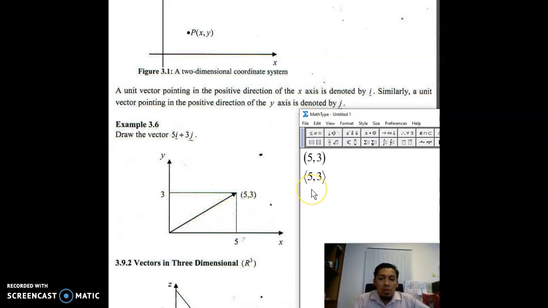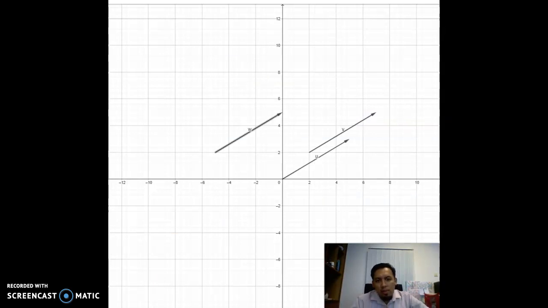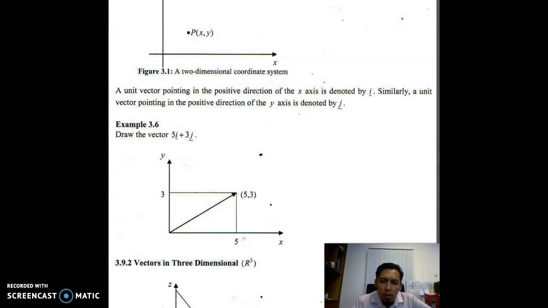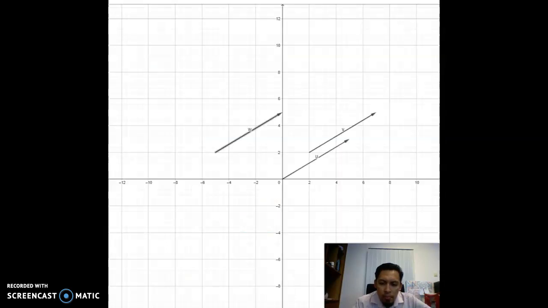Let's try a different kind of situation and see whether you can have a vector in a different location or not. Let's look at this example. I'm using the example of 5, 3. We all know that the coordinate of 5, 3 is at this point. If I were to write down 5, 3, this is where it should appear, and this is the only location where you can have 5, 3.